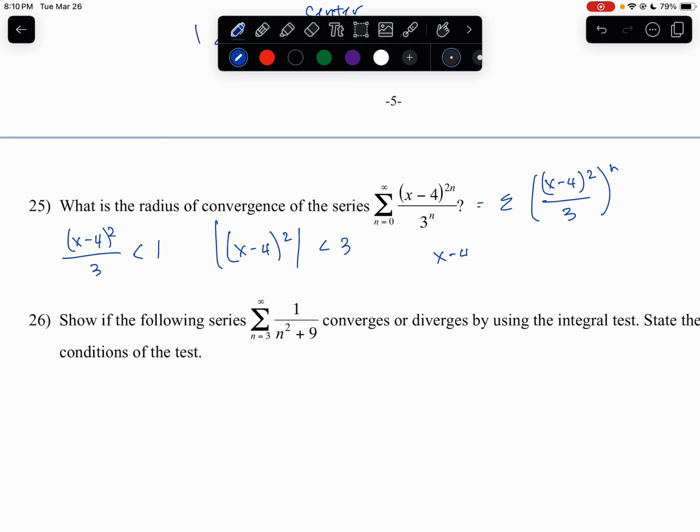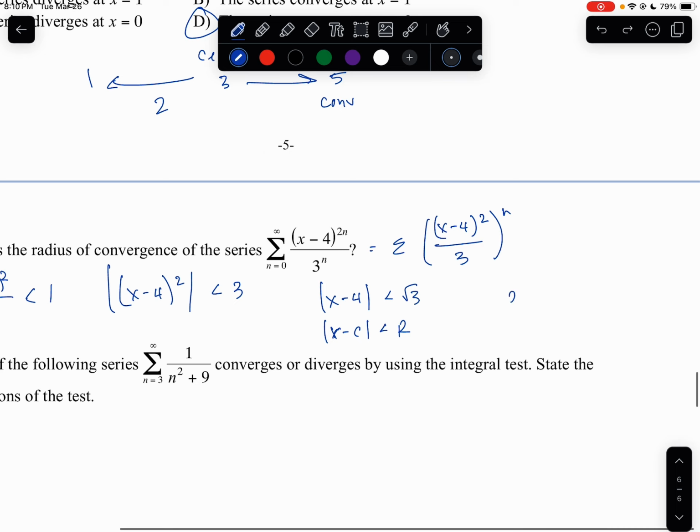I'll get the absolute value of x minus 4 has to be less than the square root of 3. There you go. I think we have our answer. The square root of 3 is our radius. When you have absolute value of x minus c is less than r, this is the radius, so r is equal to the square root of 3.